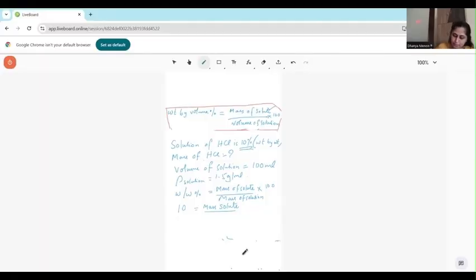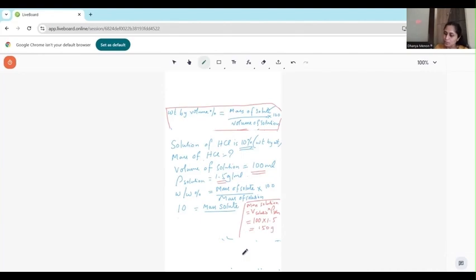I'm writing it here: mass of solution equals volume of solution times rho of solution. How much is the volume of the solution that's given to you? 100 ml times, what is rho? 1.5, which is equal to 150 grams.